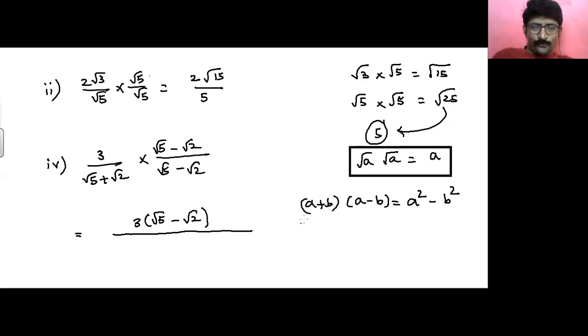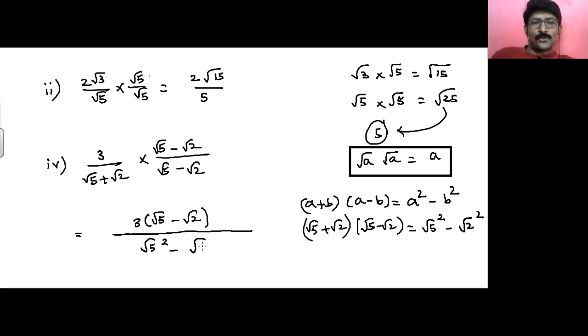So if we do root 5 plus root 2 into root 5 minus root 2, that will become root 5 square minus root 2 square. You understood, guys? Now what will happen? Root 5 square is 5 and root 2 square is 2. So 5 minus 2 is 3, and that's it.